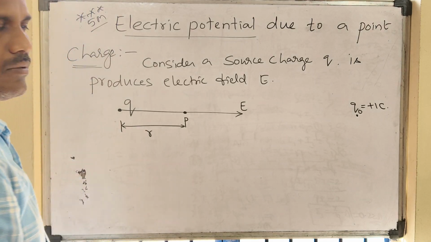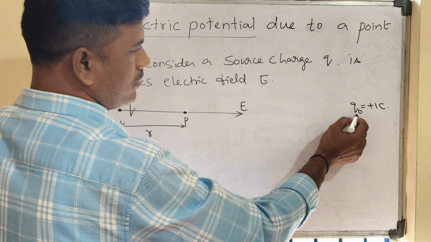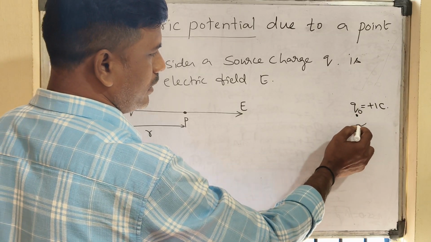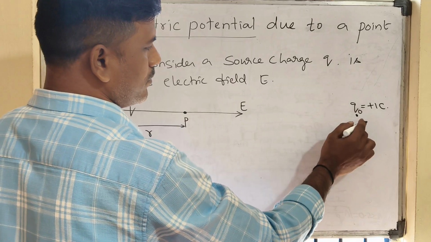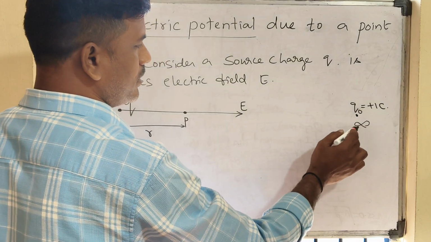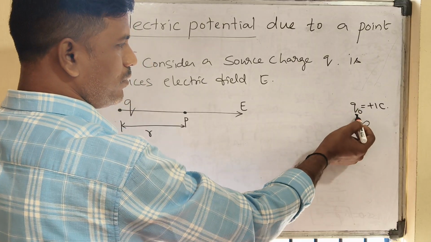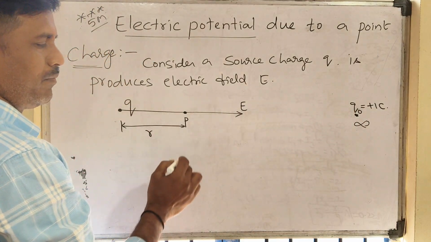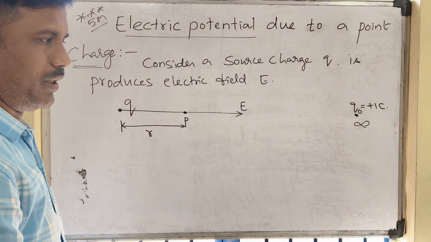This test charge is initially at infinite distance, and we want to move it from infinite distance to point P, against the electric field.